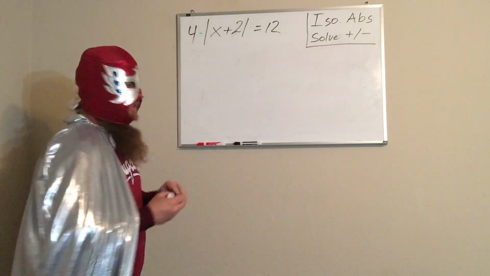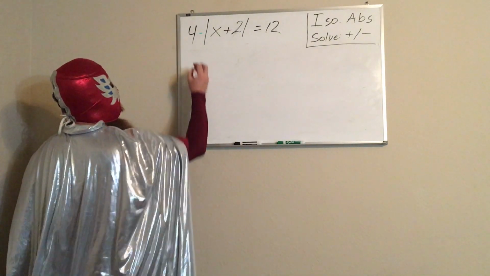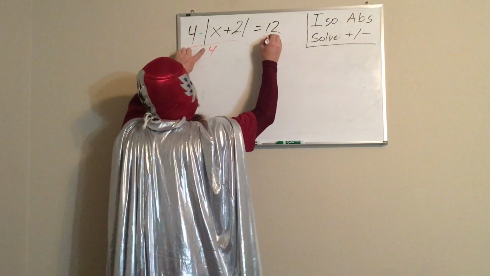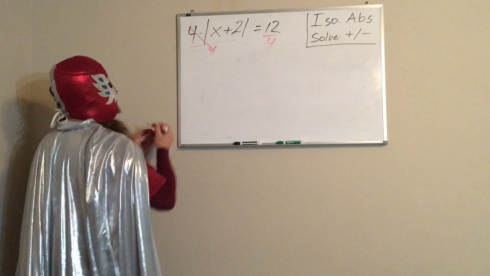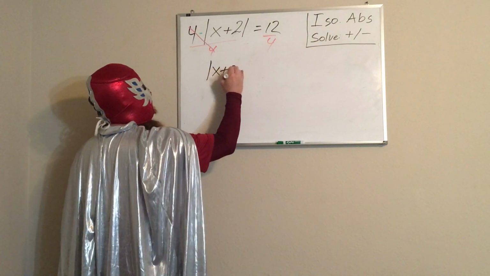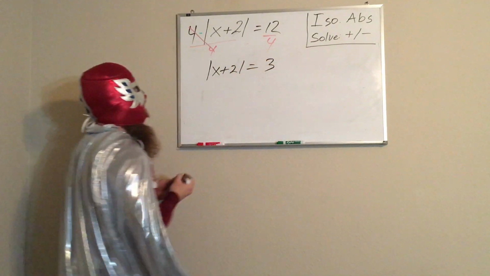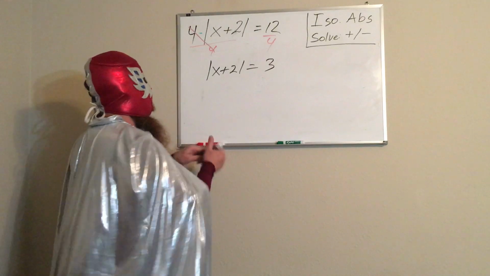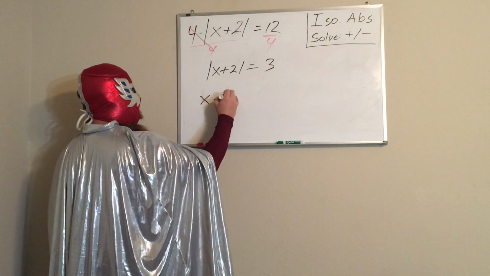You must use inverse operations to isolate the absolute value. So the opposite of multiply is divide. You divide both sides by 4, and this leaves you with the absolute value of x plus 2 is equal to 3. Once again, we have isolated the absolute value, so we will now solve twice.